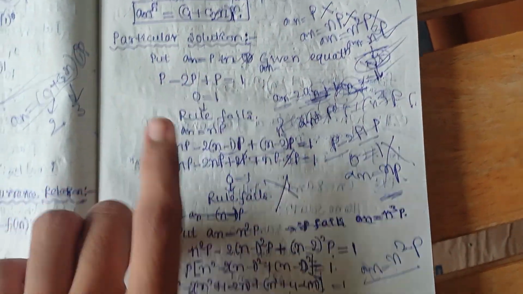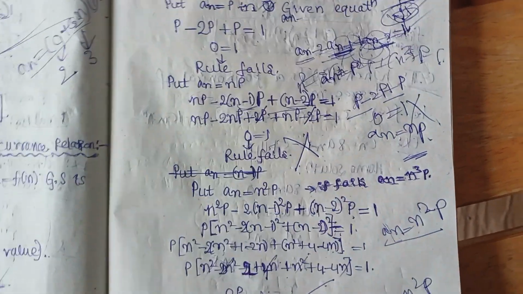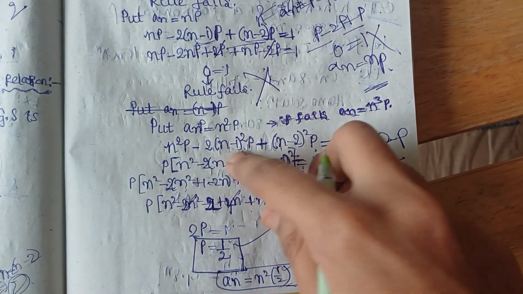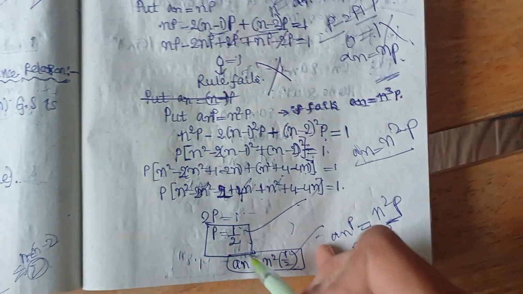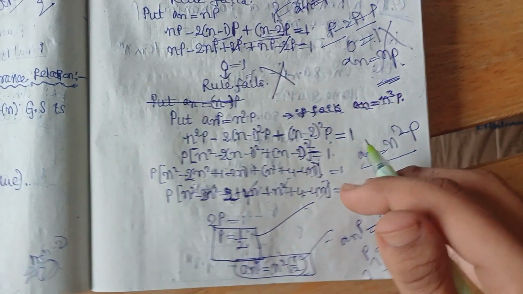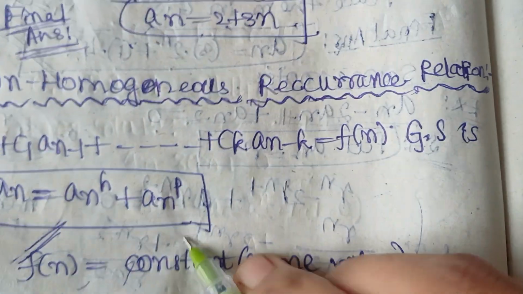And we know that here we have considered an is equal to n square p, right? So this an power p is n square p. Since we found the value of p here, your an power p, that is your particular solution, will be n square into p, that is n square into 1 by 2. Now our final solution is an is equal to an power h plus an power p.